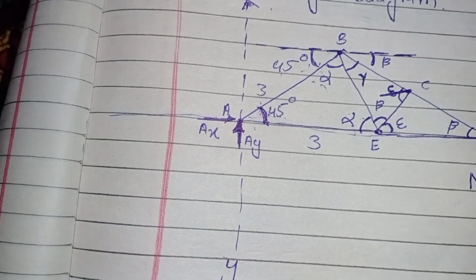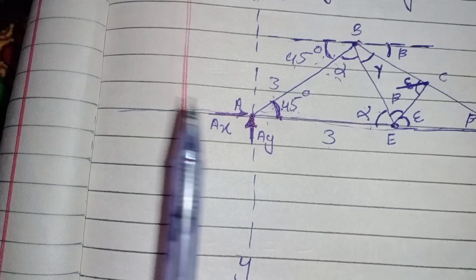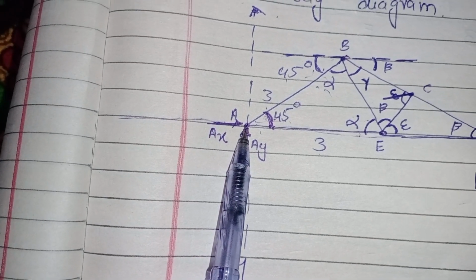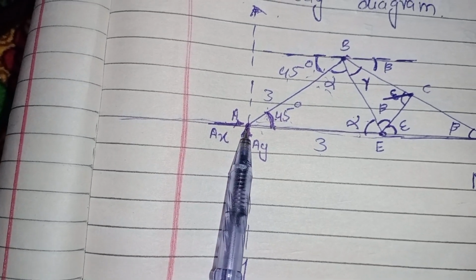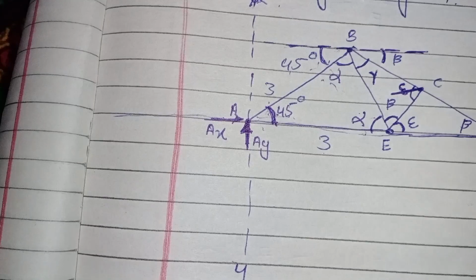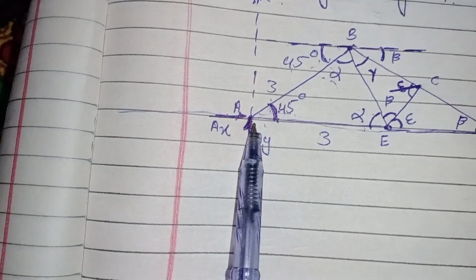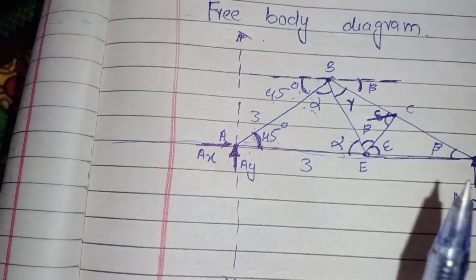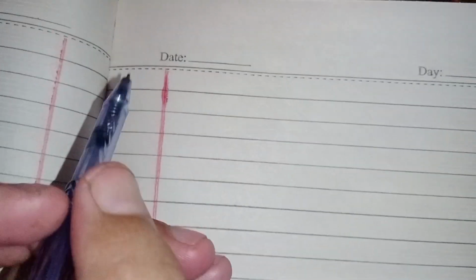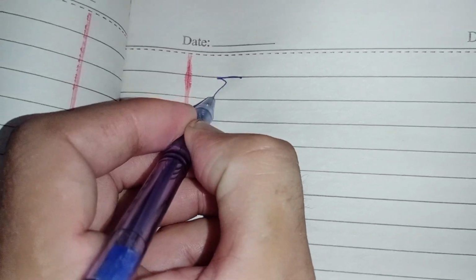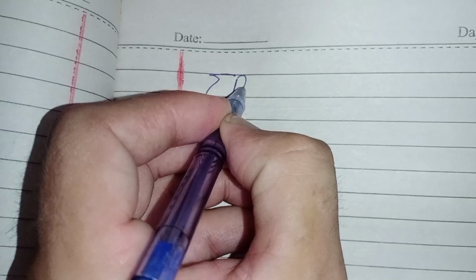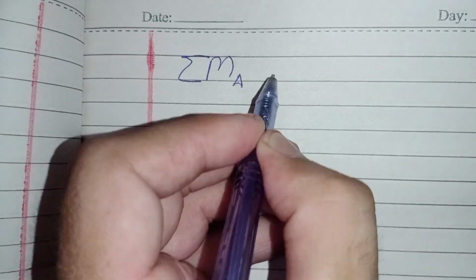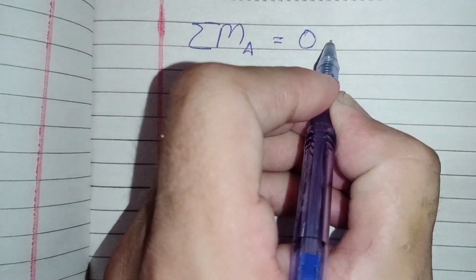First of all, we will take the summation of the equilibrium equation, which is summation of moment at point A equal to 0. So first of all, I will take summation of moments at point A equal to 0.